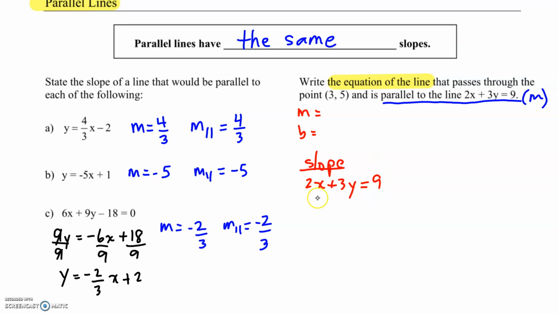We're going to have to rearrange in order to find the slope of this line. So we'll leave 3y where it's at. 2x comes over as a negative 2x, and then the 9 is already on the right side, so it stays a positive 9. We're going to divide by 3, and we'll have y equals negative 2/3 x plus 9 divided by 3, which we know is 3.